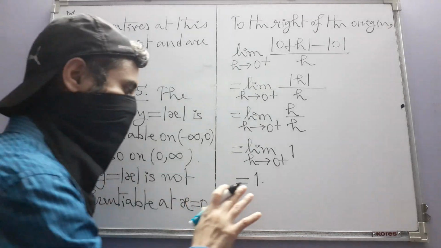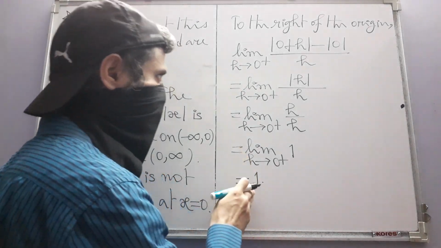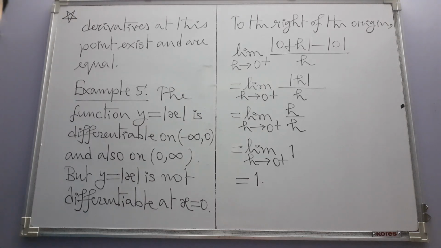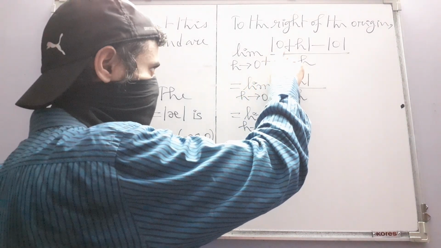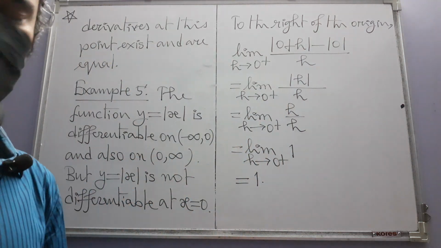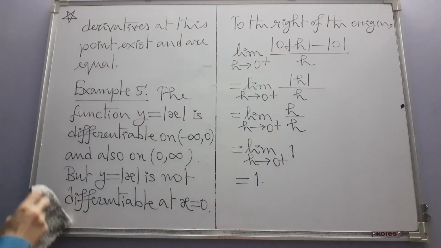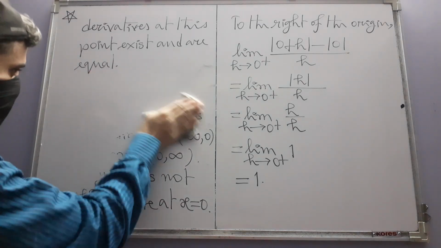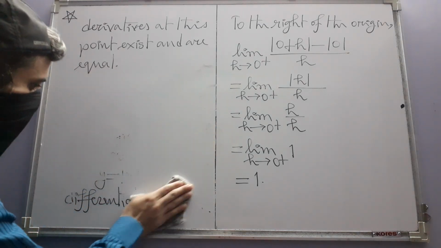Well, I should not perhaps say constantly 1. It is 1 because we are considering it at 0. If you change this point 0 and take any positive real number, there also it will be 1. That's what I wanted to say when I said constantly 1.